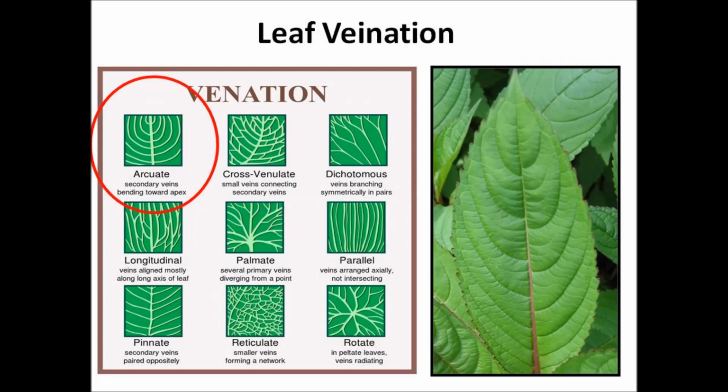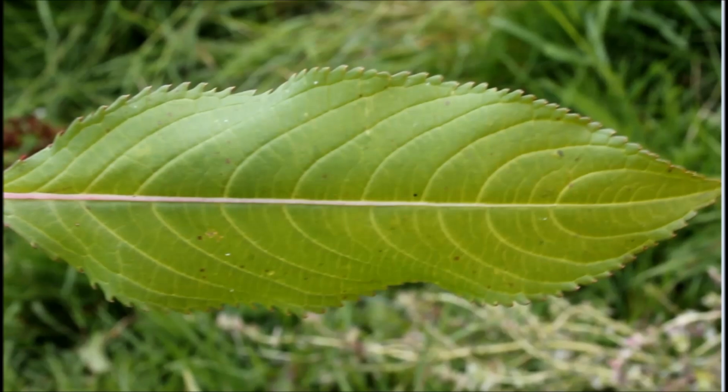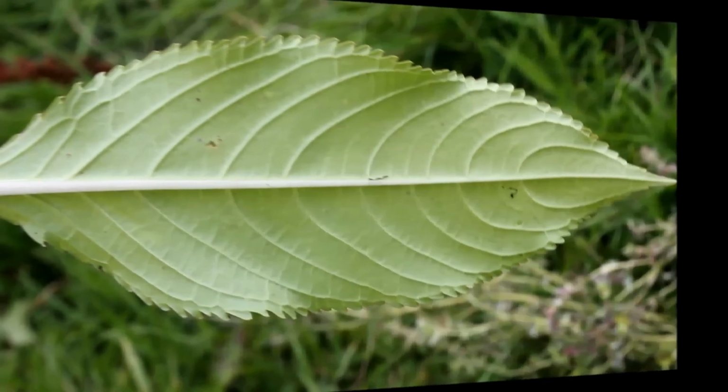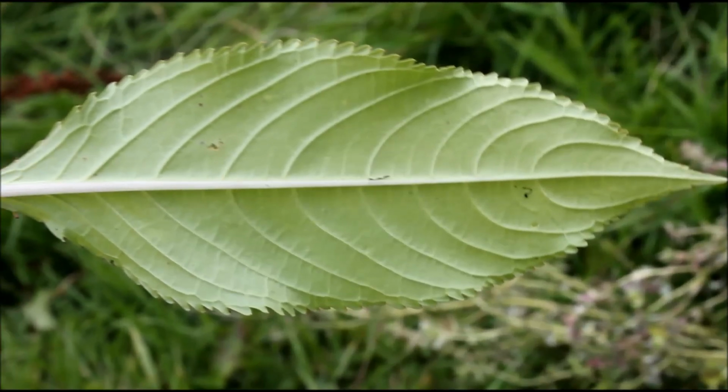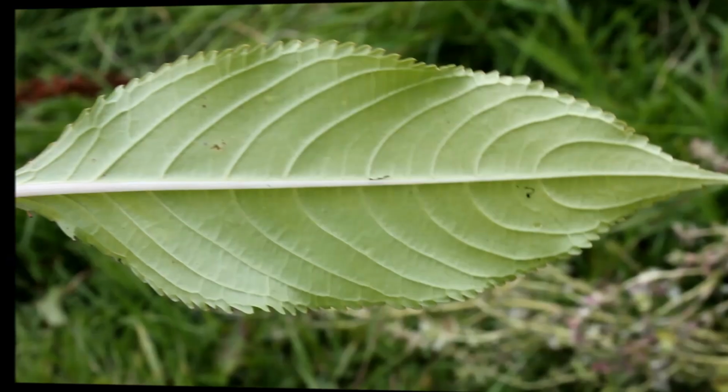The venation of the leaf may be best described as arcuate, and it often has a pink tinged midrib. The leaves themselves are paired, 60 to 150 millimeters in length, and are lance-shaped or elliptical and pointed at the end with sharp teeth.